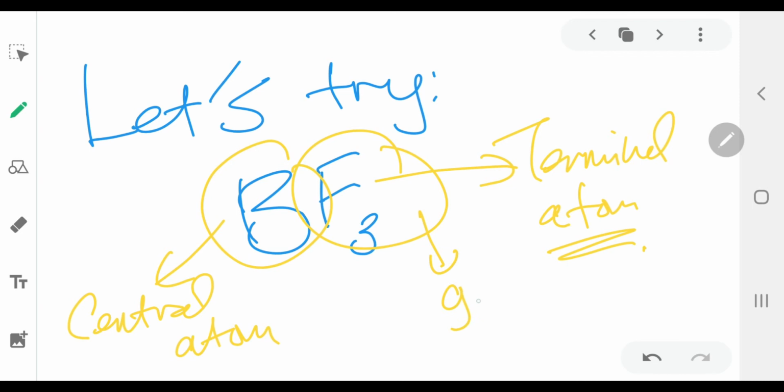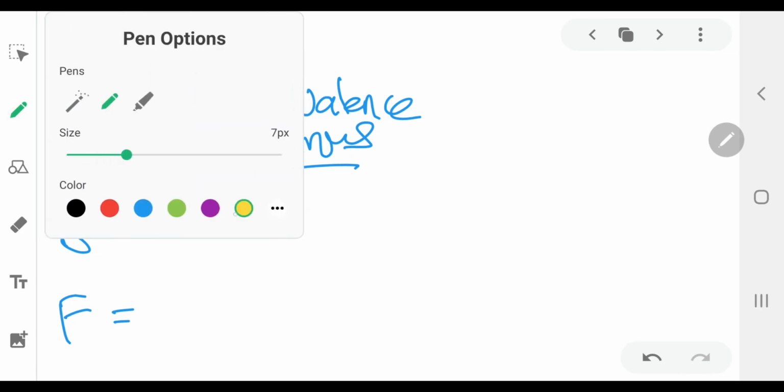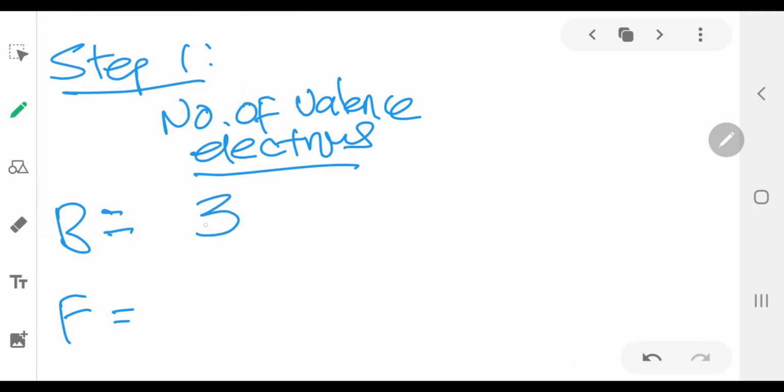Fluorine over here is in group 17, so it has 7 valence electrons. Boron will have 3 valence electrons. It's situated in group 13, so it has 3 valence electrons.